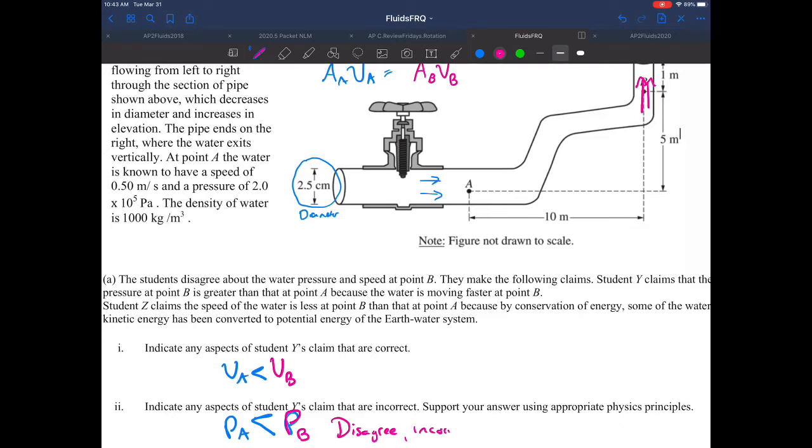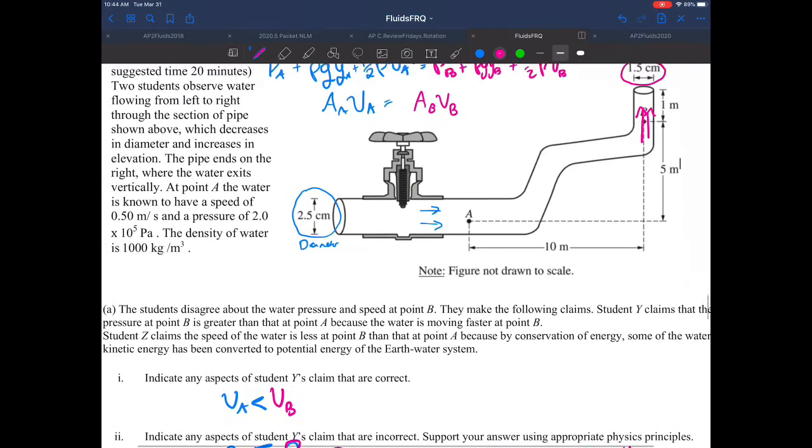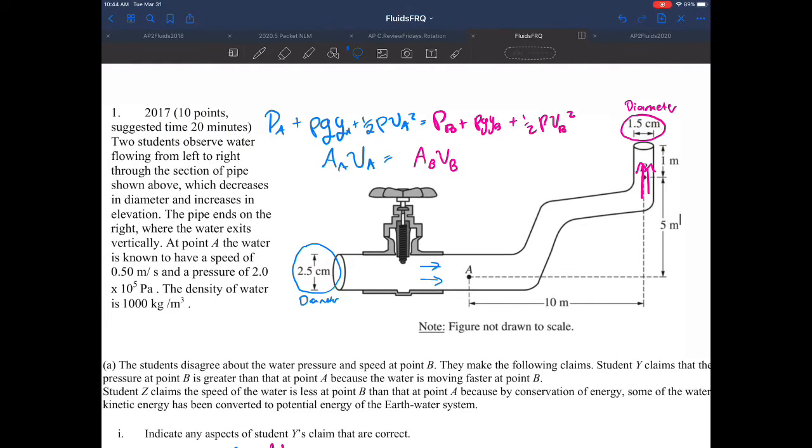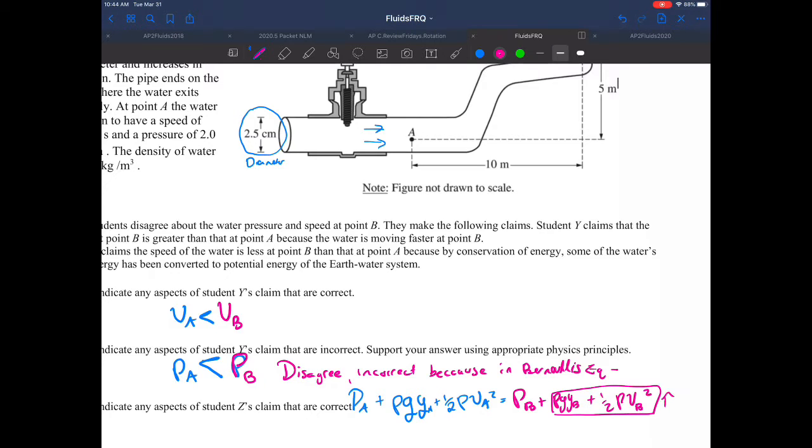It's incorrect because in Bernoulli's equation, and we can write this here, these two terms are larger, so this pressure will be less.